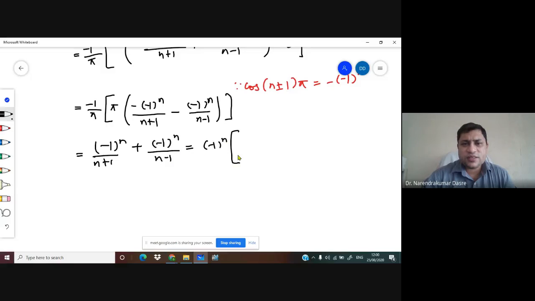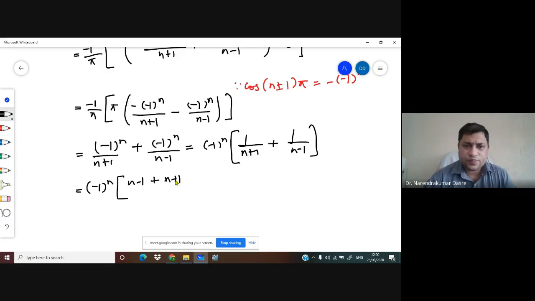So minus 1 raised to n is common, and hence here I will get 1 upon n plus 1 plus 1 upon n minus 1. So minus 1 raised to n, here we will be having n minus 1 plus n plus 1.